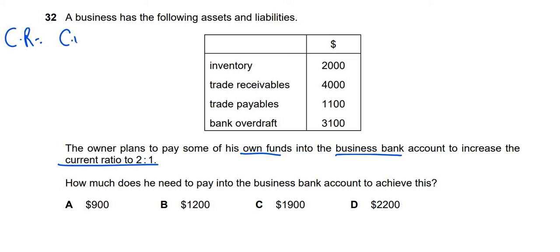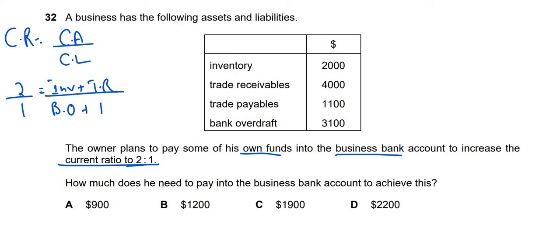Current ratio is equal to current assets divided by current liabilities. Okay. They want 2:1, which means current assets are inventory plus trade receivables, divided by current liabilities, which are bank overdraft plus trade payables. Okay. So bank overdraft needs to be reduced by 1200.